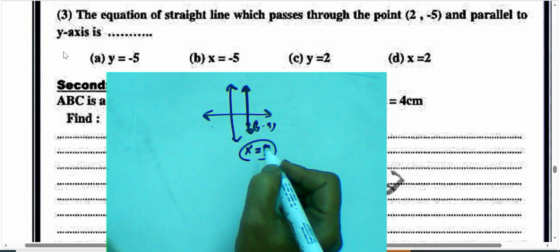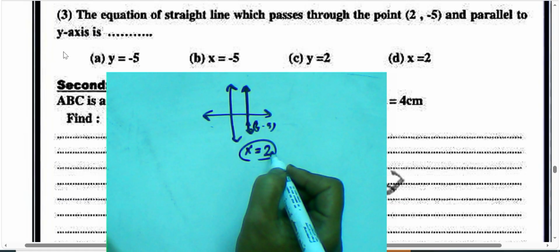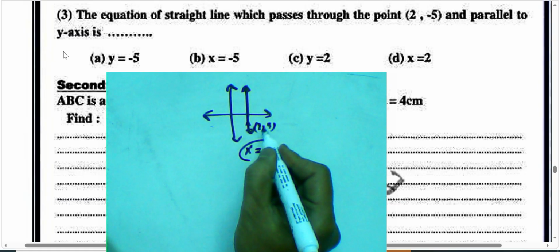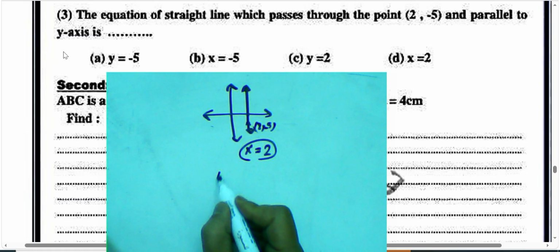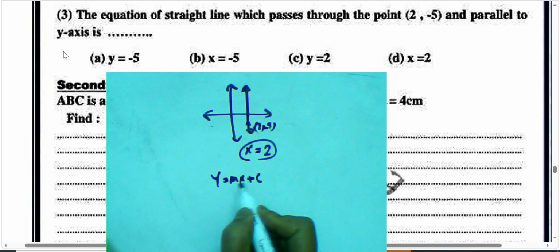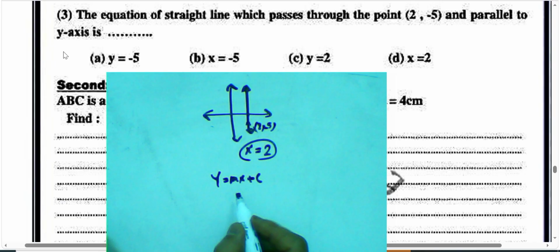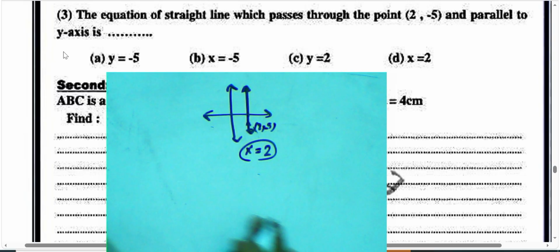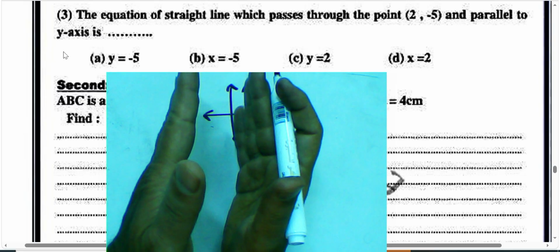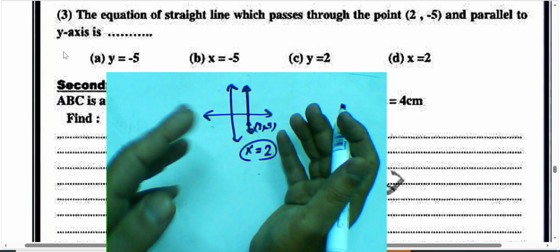The straight line parallel to the y-axis will be x equal to. You know, y equals mx plus a constant, but the slope here is undefined. Undefined means 1 over 0. It's undefined. Okay, then when they tell you in the example parallel to the y-axis, you can write x equal to.